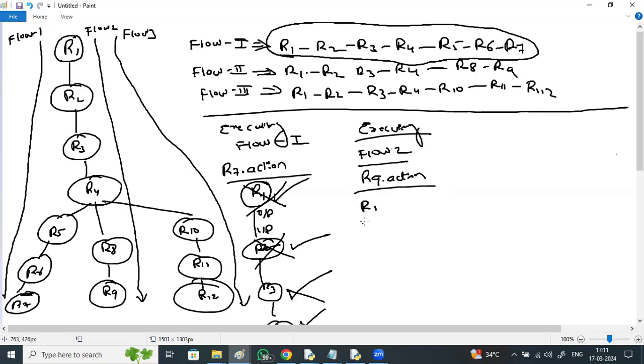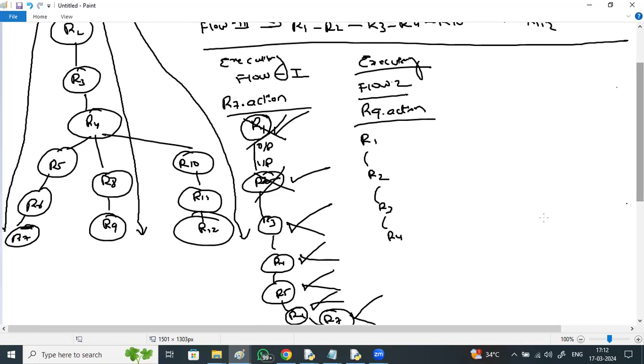So first R1 to R2, R2 to R3, R3 to R4, R4 to R8, R8 to R9. When R1 gets loaded and computed, R2 gets loaded and computed, and once it is ready, R1 gets removed. R3 gets loaded and computed, R2 gets removed from the RAM.